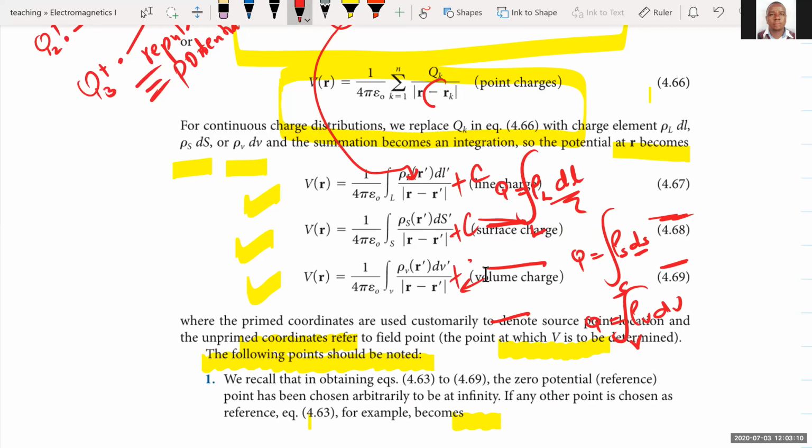So the idea was this: if we know Q, then we use equations 465 to 470. If we know E, then we use equation 471.